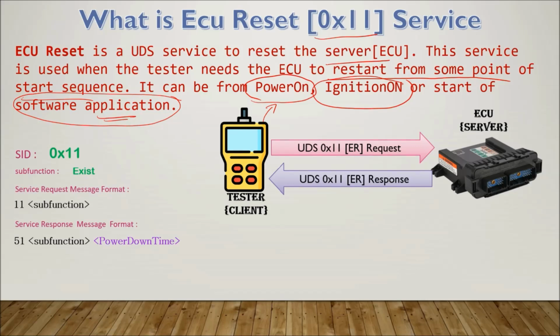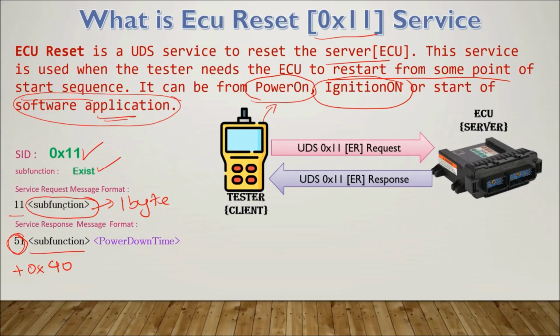So as you can see, the SID is hexadecimal 11. This contains a subfunction. The service request format is 11, and then we have the subfunction part, which is also 1 byte long. And the service response is 51, that is, for SID we add hexadecimal 40, so that becomes 51.